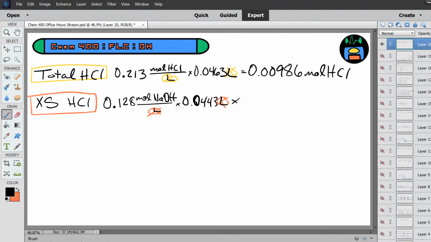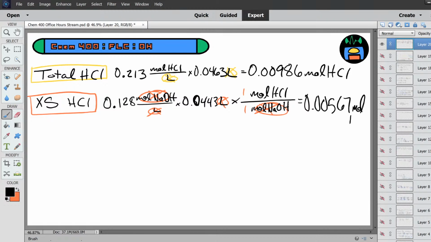Well, because we have a balanced chemical equation where we can convert moles of NaOH to moles of HCl, and in that balanced chemical equation we see that this is a 1-to-1 molar ratio. So it does indeed give us our moles of HCl. If we crunch the numbers, 0.128 times 0.0443 equals 0.00567 moles of HCl. That's the amount in excess.